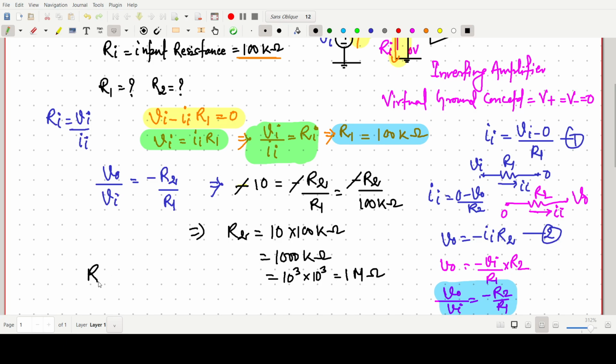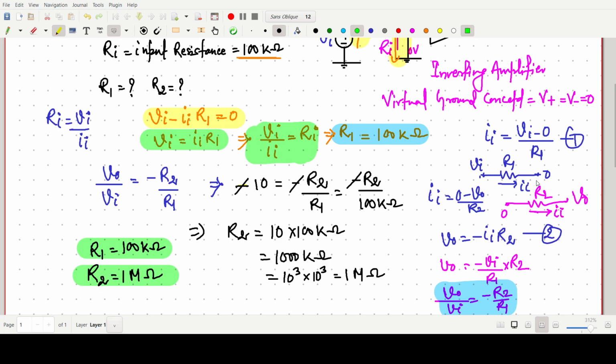So R2 will be 1 mega ohm, and R1 is the same as the input resistance, 100 kilo ohm. This is the final result for this question.